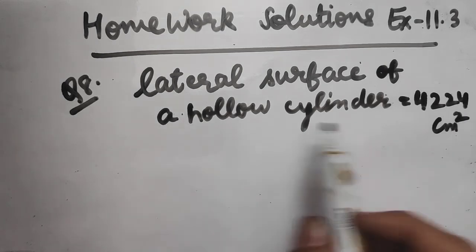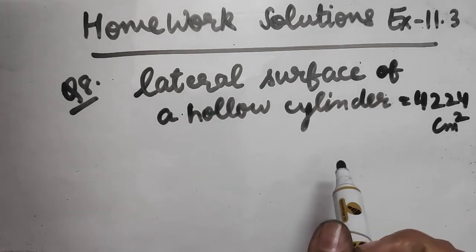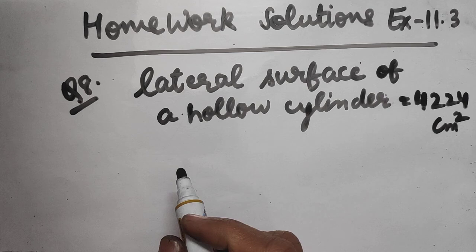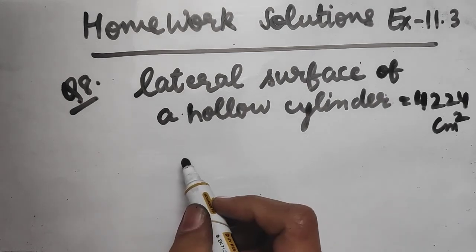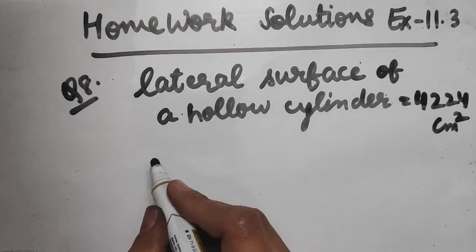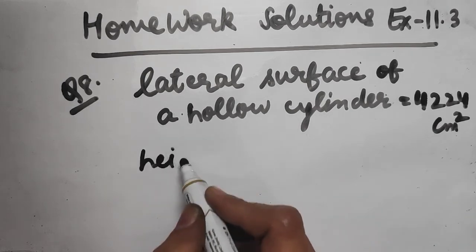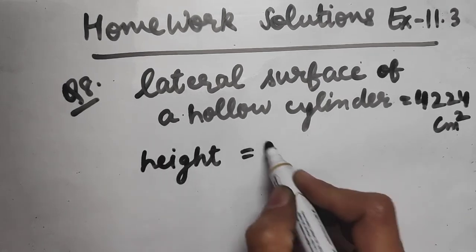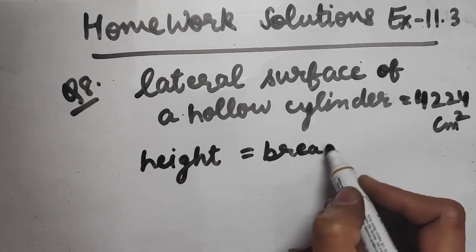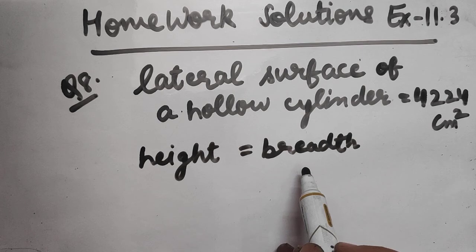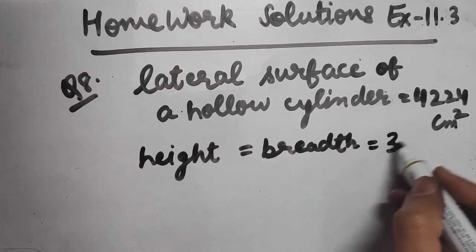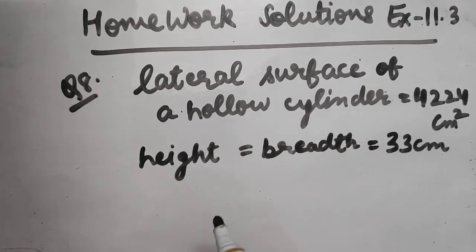It is written that it is cut along its height and formed a rectangular sheet of width 33 centimeters. So this height has now become the breadth. Find the perimeter of the rectangular sheet.